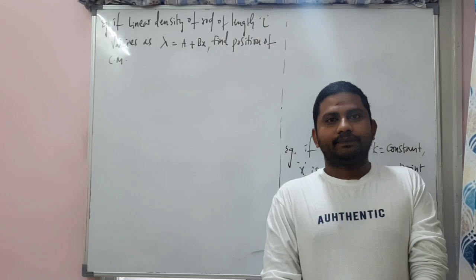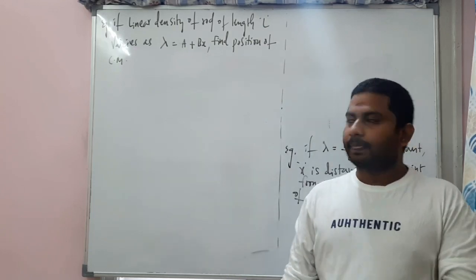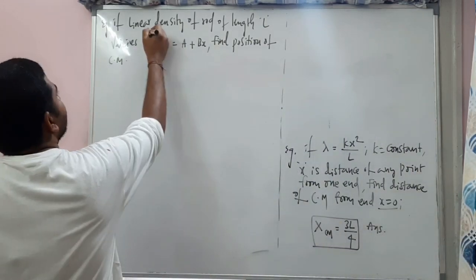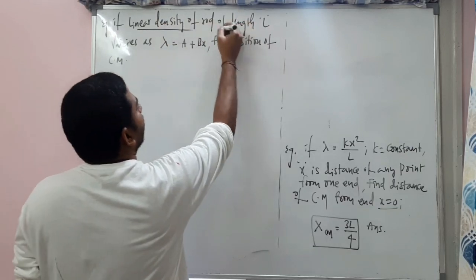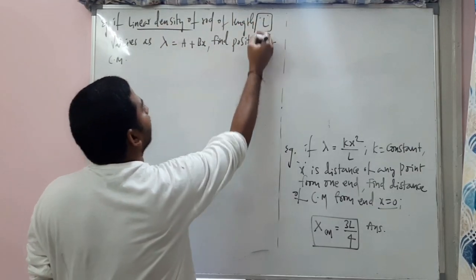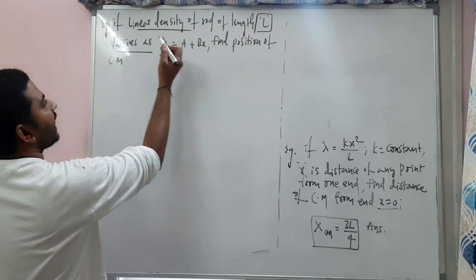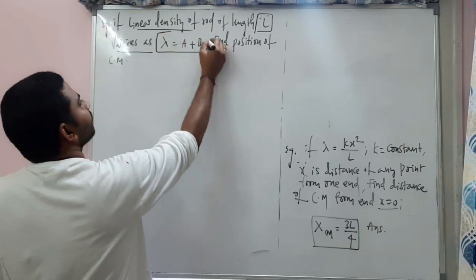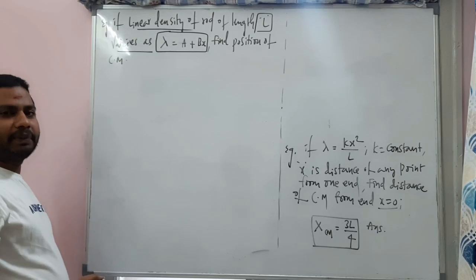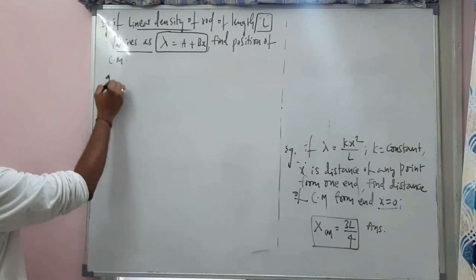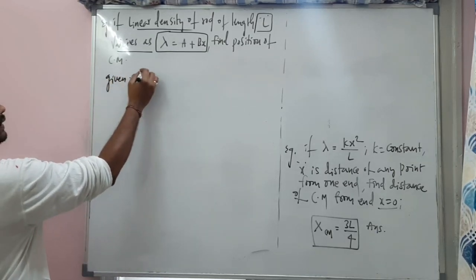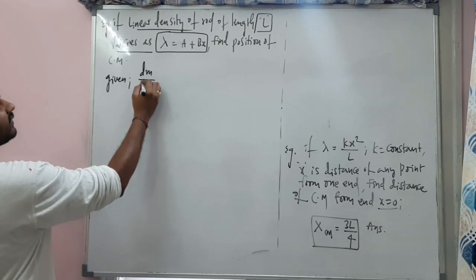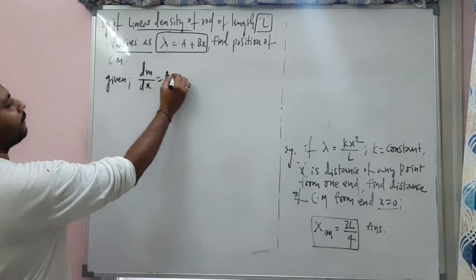Alright, my dear students, let's see the numerical here. If the linear density of a rod of length L varies as lambda is equal to a plus bx. See here, lambda is equal to a plus bx. So what is given here? Given dm by dx is equal to a plus bx.